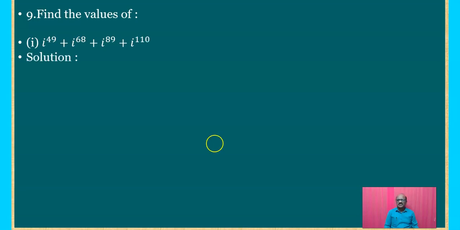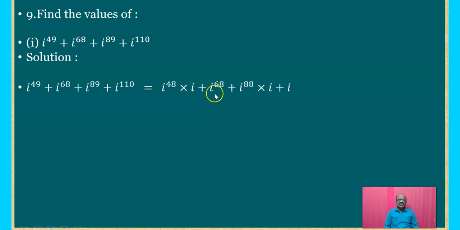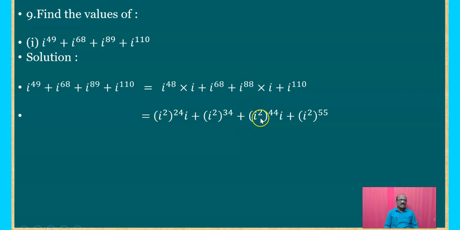Same type of examples are here. i^48 into i, plus i^68, plus i^88 into i, plus i^110. i^48 means (i²)^24 into i. i^68 means (i²)^34, and i^88 is (i²)^44 into i, and (i²)^55. Here i² is -1, so (-1)^24 into i, (-1)^34, (-1)^44 into i, and (-1)^55.